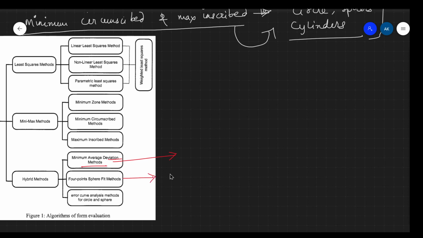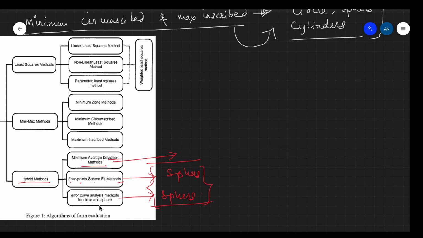This is again good for spheres, and this is also good for spheres. So these two methods are again like no numerical from this area, but someone can ask you where these hybrid methods are used. So these are good for your spheres and cylinders because it uses a 4-point sphere fit method.